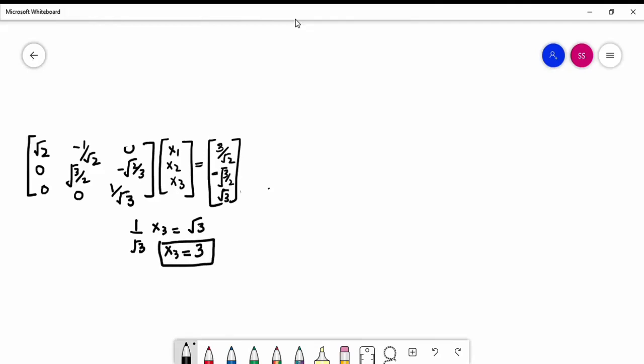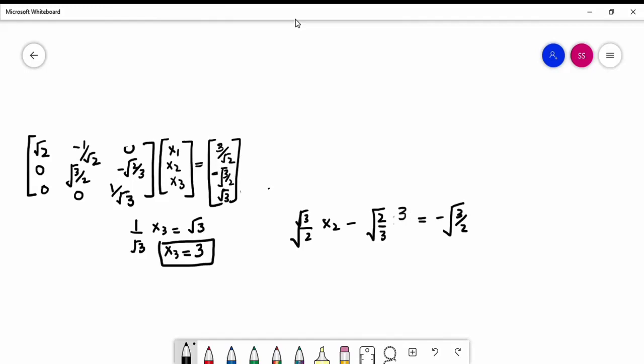Okay, so the next equation is √3/2 x2 minus √2/3 x3 is equal to -√3/2. Okay, replace the value of x3 here.